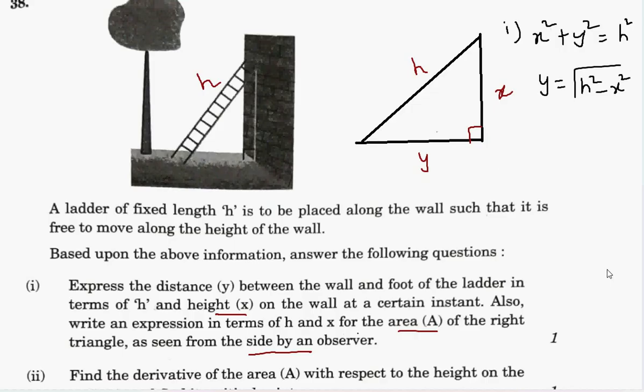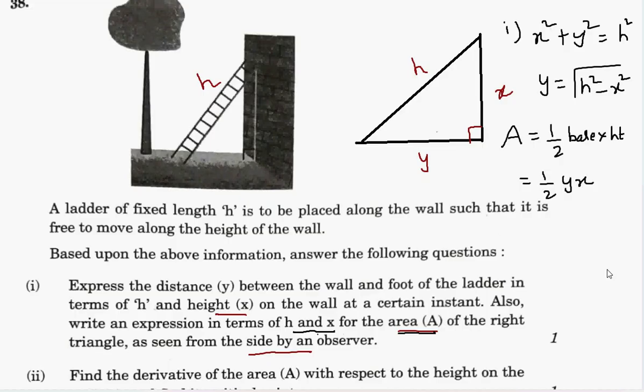Now we have to express the area in terms of h and x. So area equal to half into base into height. But here the base is y and height is x.